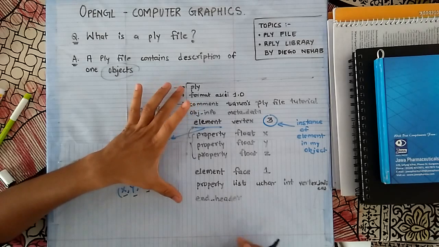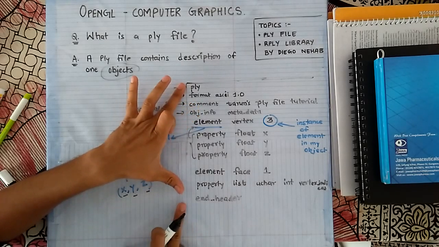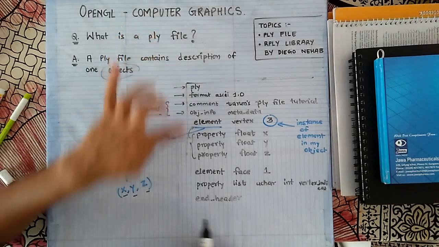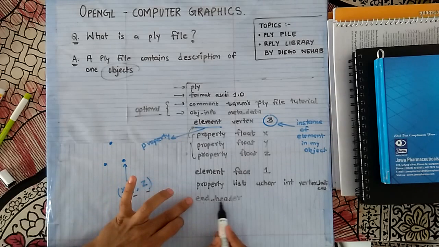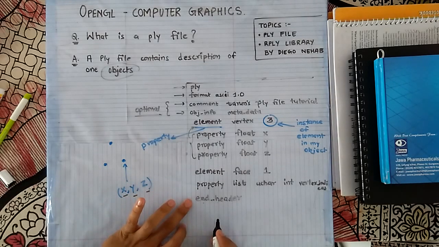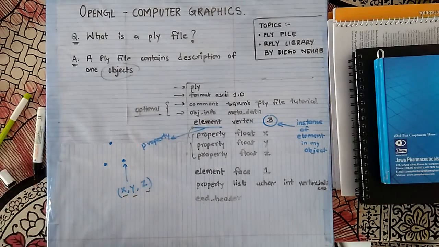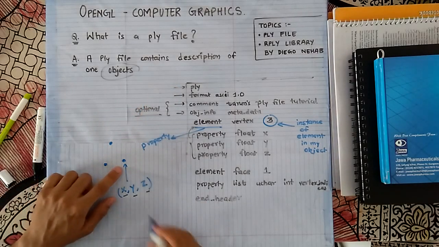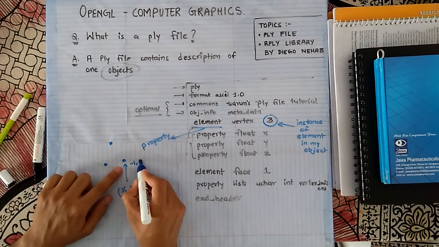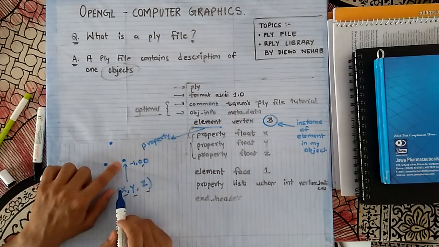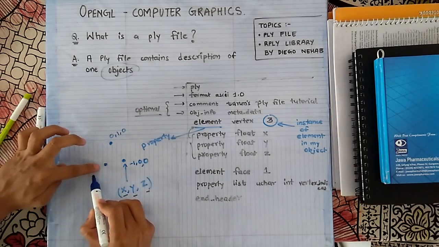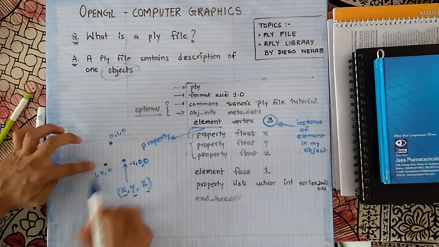So right now we have studied the header of a PLY file. The header of a PLY file is from the first line to this keyword end_header. After this we will be defining the actual coordinates of this object. Suppose this vertex was -1 0 0, and this vertex was 0 1 0, and this vertex was 1 0 0.